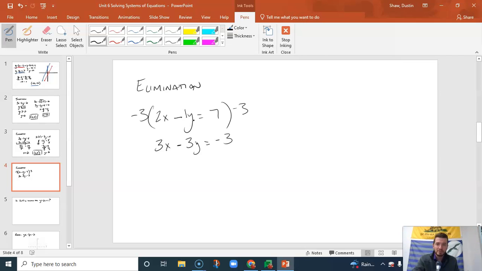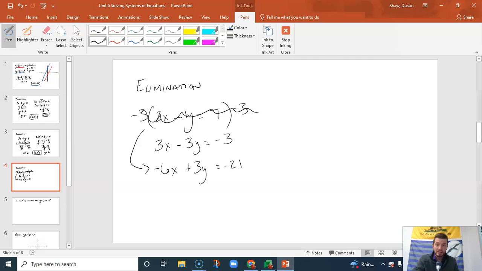I'm going to draw it down here now. So this will be negative 6x plus, again, negative 3 times negative 1 is positive 3y equals 7 times negative 3 is negative 21. So now I'm done with this equation, so I'm just going to get rid of it.